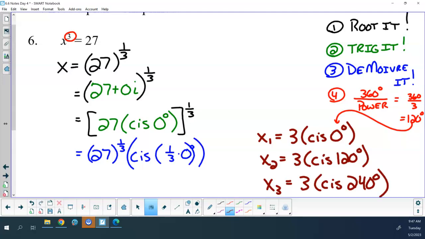If I add another 120 to it, I'm at 360, which is also 0, and I'm back to my start. And those are the 3 answers that we need to get for this problem. Okay?